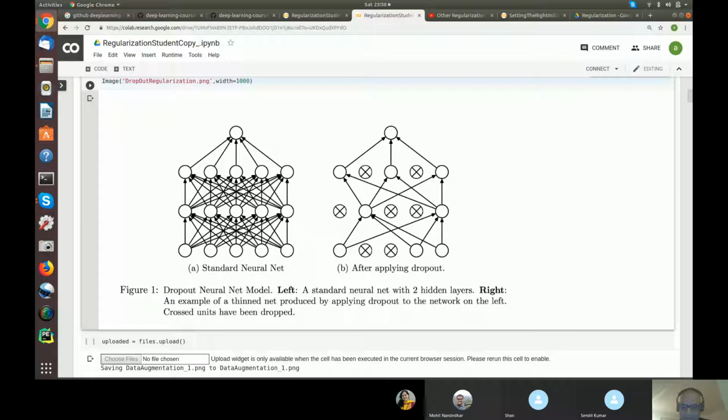Let's say you can do this 1,000 times, or whatever number you like. And that way the weights get distributed, and your model is more regularized. Does that make sense?